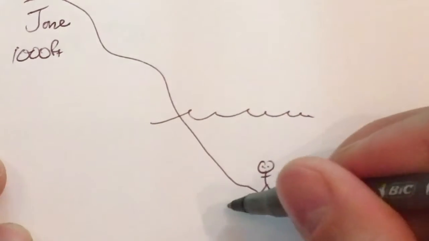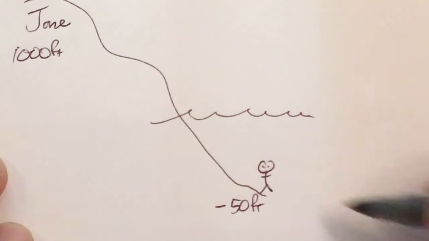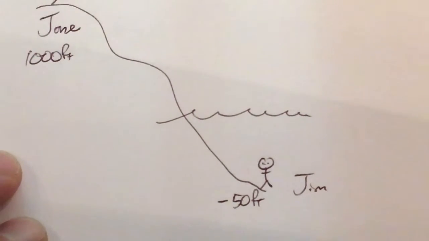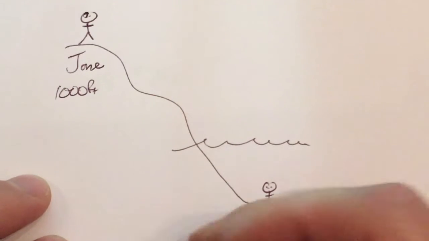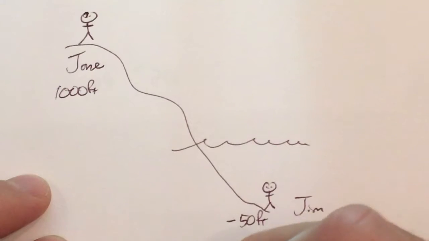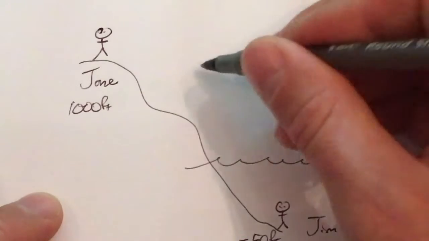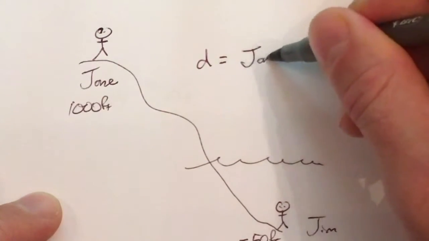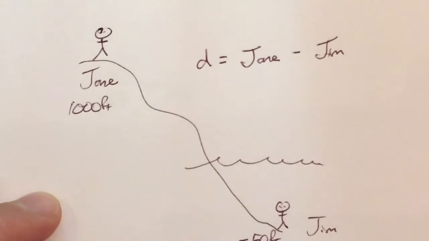Let's say he's at negative 50 feet. So the distance between them is still a difference. It's a subtraction. So this is going to sound funny, but I'll write it up here so we can see everything. The distance between them is equal to Jane's height minus Jim's height, right?